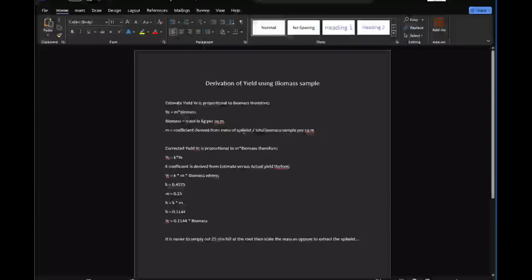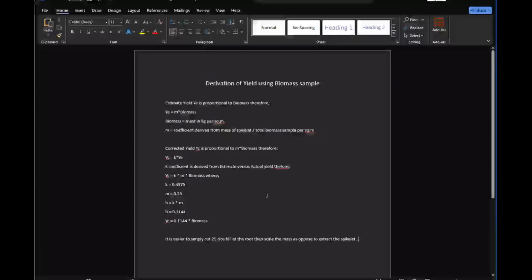So I took all of that spikelet and weighed them. Previous to that, I weighed the biomass, and then afterwards I took the spikelet. So as you can see, it's a lot of work.